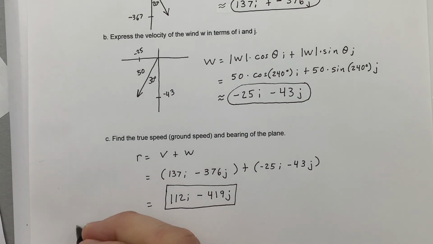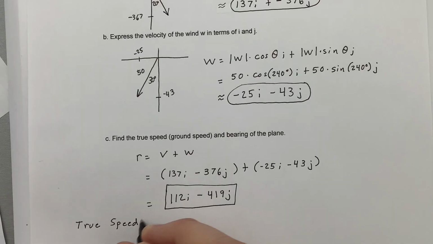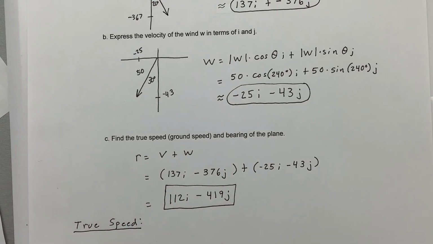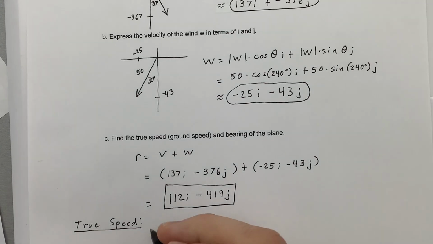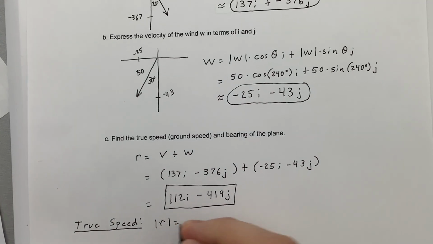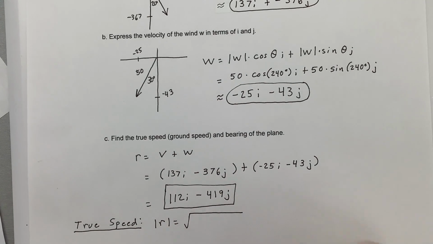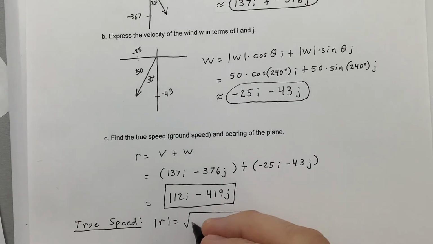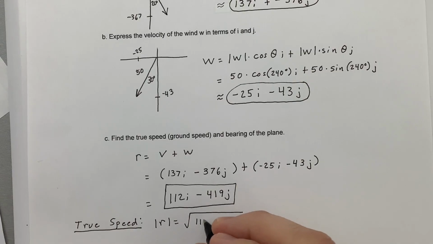True speed, let's go ahead and calculate that. True speed, true magnitude in a sense, what do we got to do? Do the square root thing, absolutely. Magnitude of R always comes back to the Pythagorean theorem, right? For like the 37th time now in the last month.